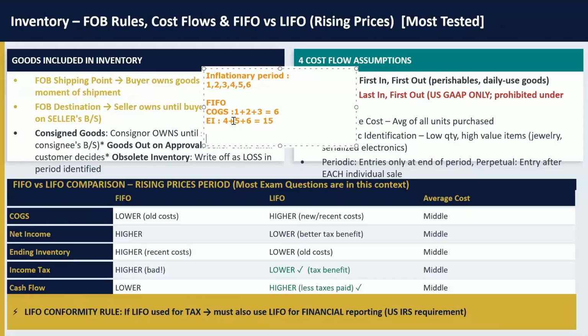Now what happens with LIFO? In LIFO, for COGS, what will you consider? Last in, first out. So the latest purchased goods, you will sell first.